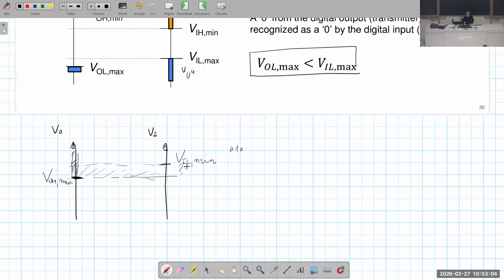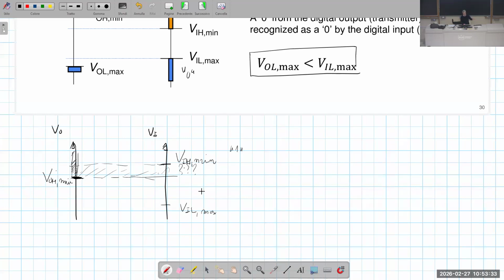So it falls in this gray area, below VIH minimum but above VIL maximum. If it is in the gray area, basically the logical behavior of the gate is unpredictable.